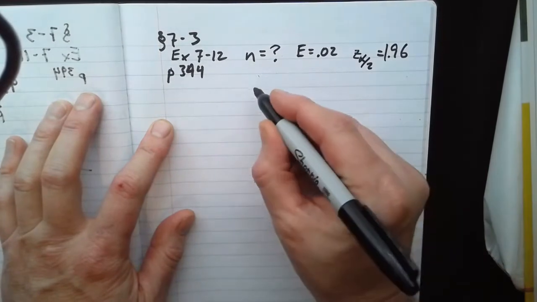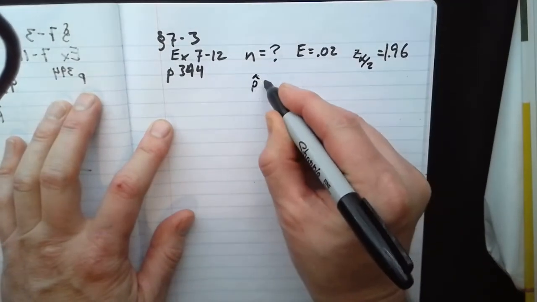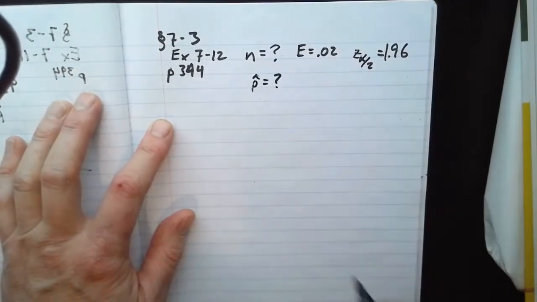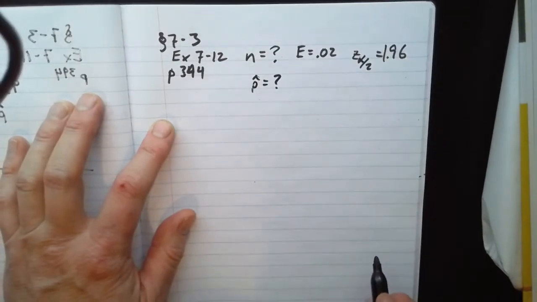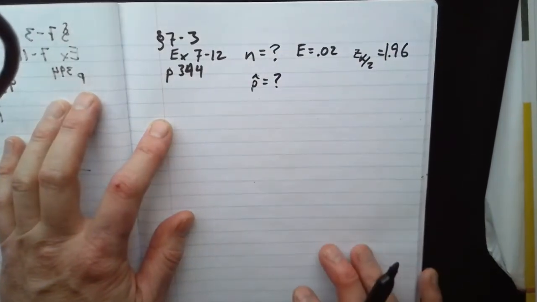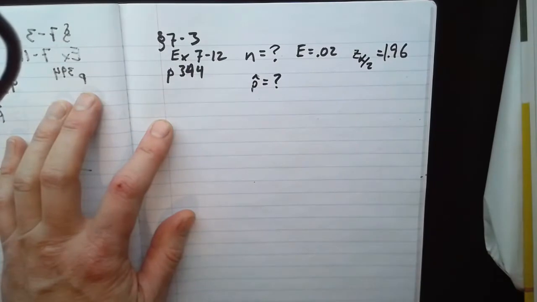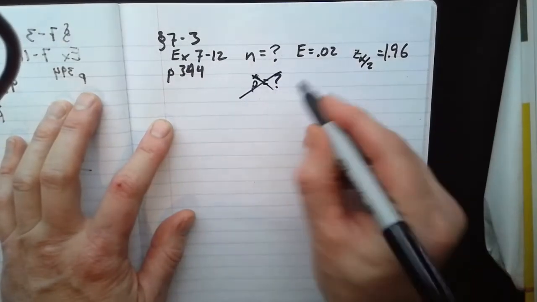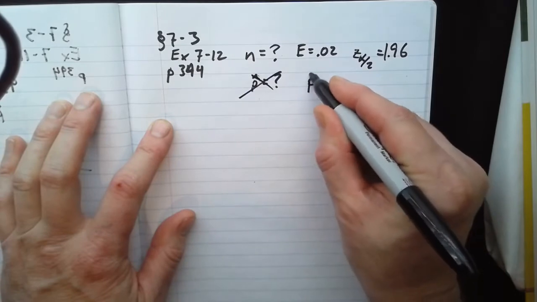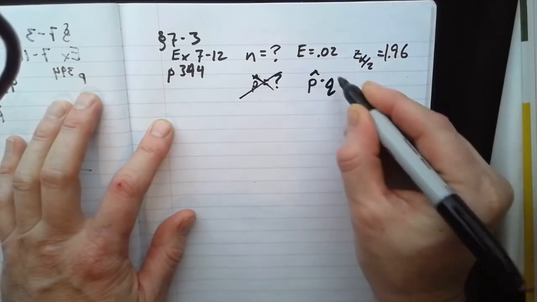Okay, but here we don't know a value for p hat because there was no previous study for which we could go back and reference. So instead of this, we're just going to go ahead and insert the maximum value, right?